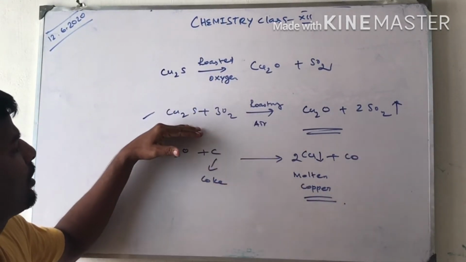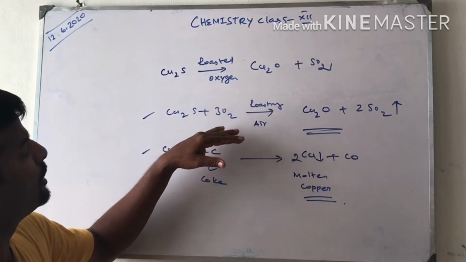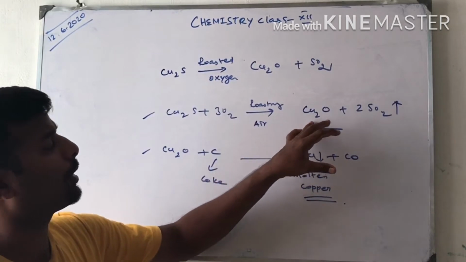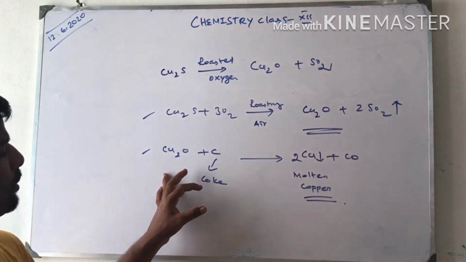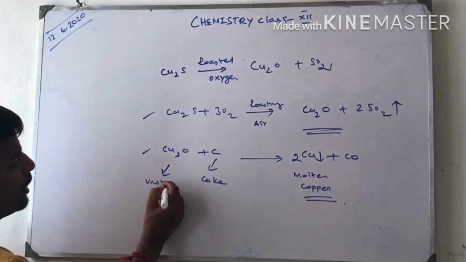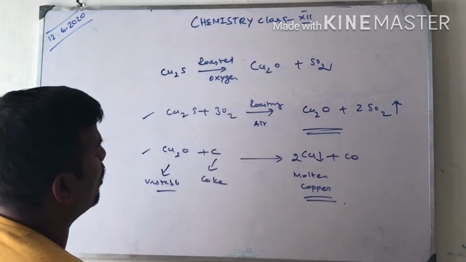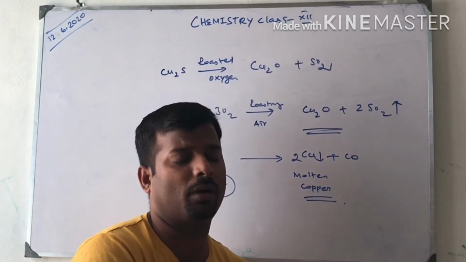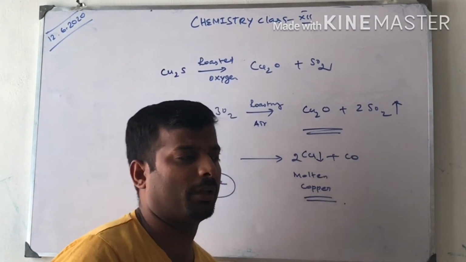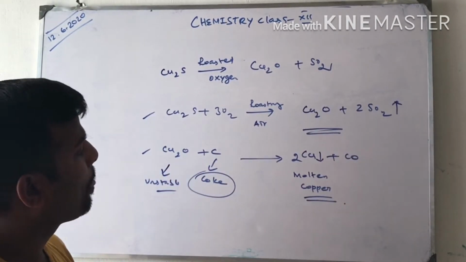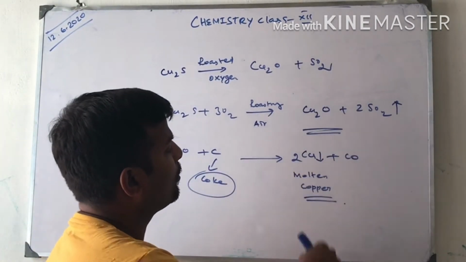First, the crude copper sulfide is oxidized by roasting at high temperature, and copper oxide is formed. Copper oxide is highly unstable, so it can easily be reduced by coke. All these things were explained in the iron extraction.